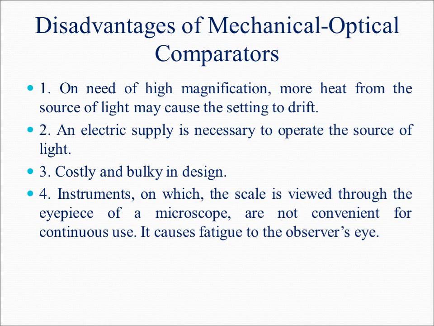Third, it is costly and bulky in design. So from a volume point of view, the comparator is a bulky one. And fourth, instruments in which the scale is viewed through the eyepiece of a microscope are not convenient for continuous use. It means it causes fatigue to the observer's eye. So these are the disadvantages of mechanical optical comparators.